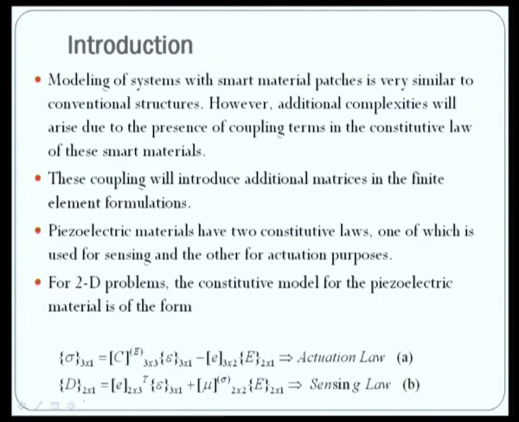Similarly, the electrical displacement D is related to the strain through the electromechanical coupling coefficient, the piezoelectric coefficient, and the permittivity of the medium and the electric field. The first is the actuation law, the second is the sensing law.